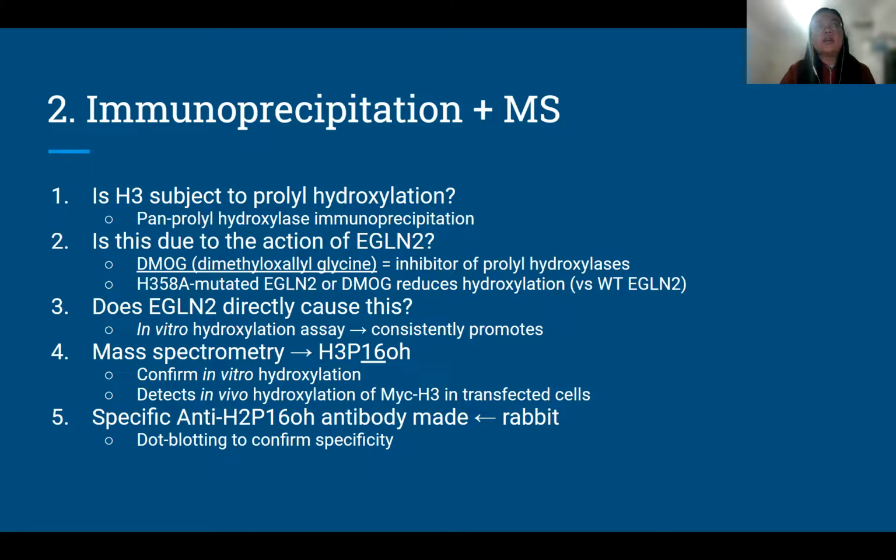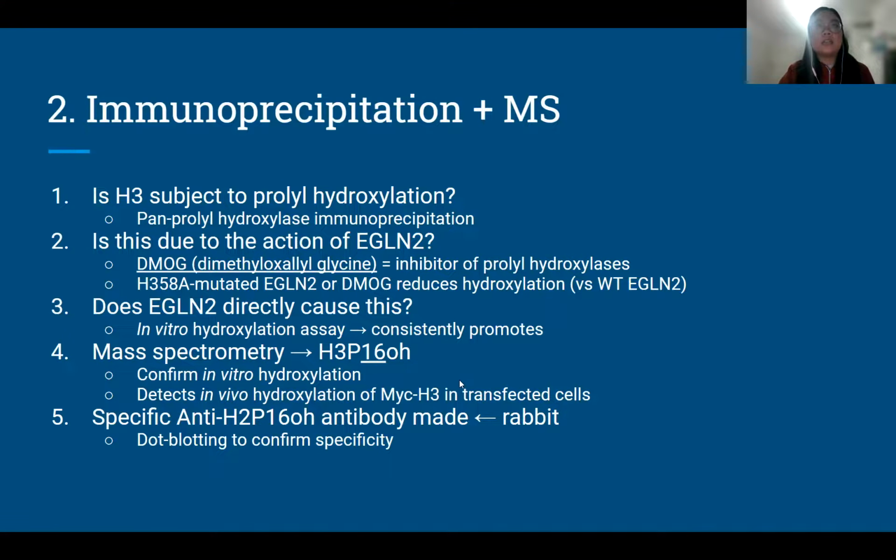And we all know there might be issues regarding non-specificity in immunoprecipitation, especially when the antibody is a pan, widely applicable antibody. So it's not especially specific, and we need to confirm whether H3 is really hydroxylated. After all this confirmation, they also used mass spectroscopy to detect hydroxylation of H3 in transfected cells, confirming that this process actually occurs in living systems.